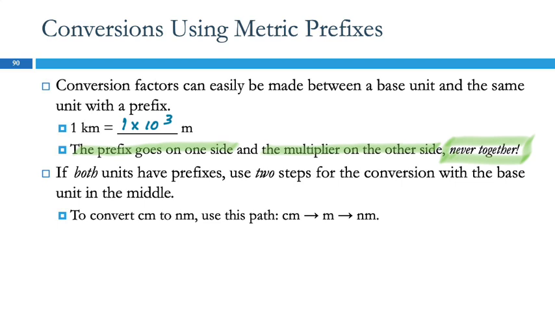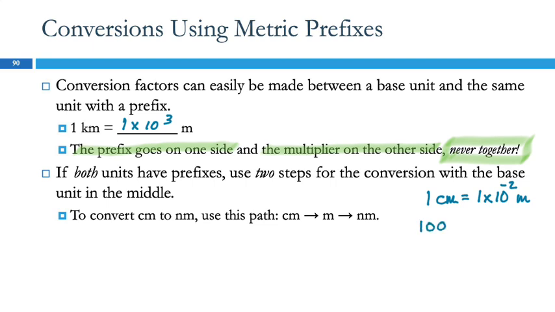So using this method, if we're converting between centimeters and meters, 1 centimeter equals 1 times what? 10 to the minus 2, because that centi stands for 10 to the minus 2.